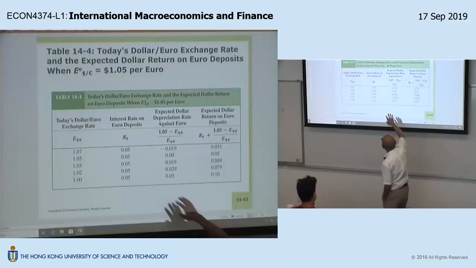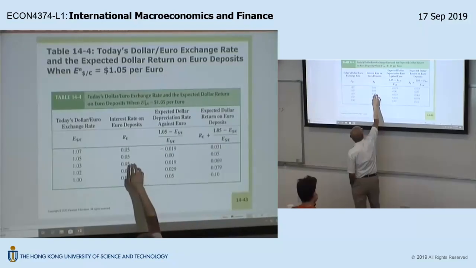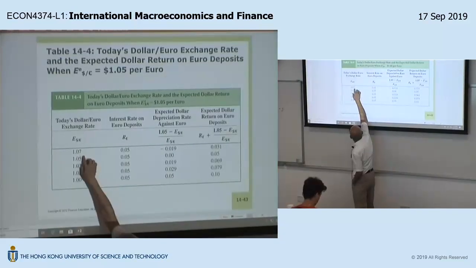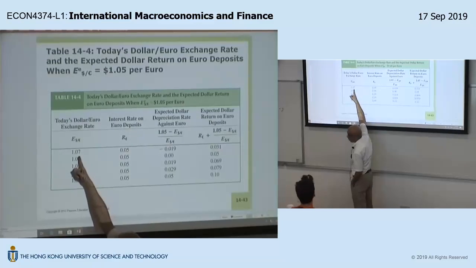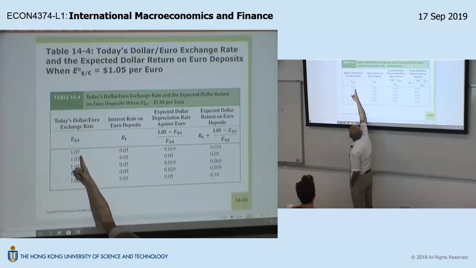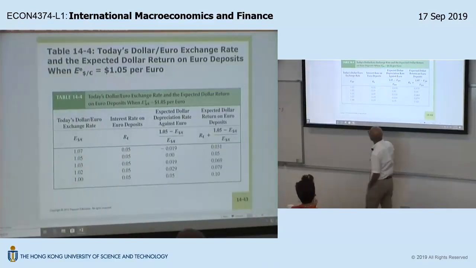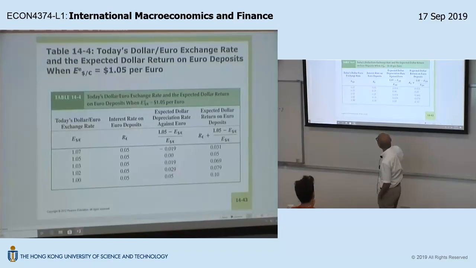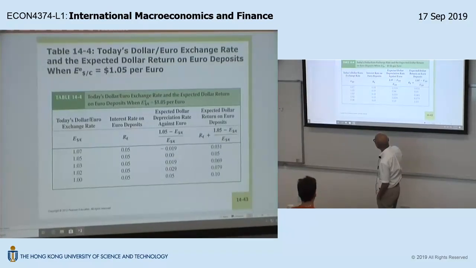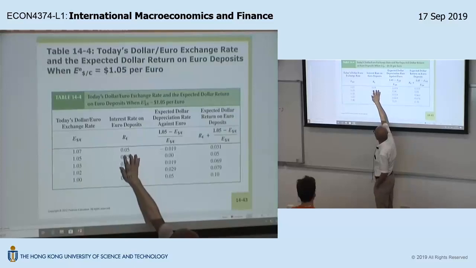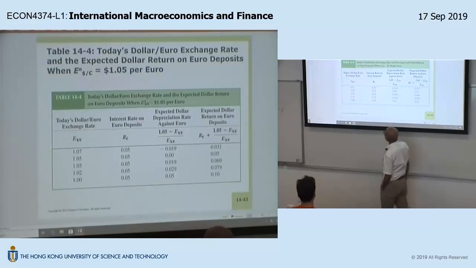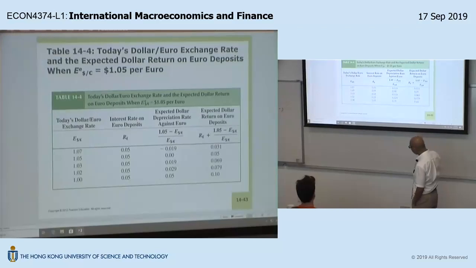So here E is the spot exchange rate. Each euro can buy $1.07. The euro interest rate is 0.05, 5%.